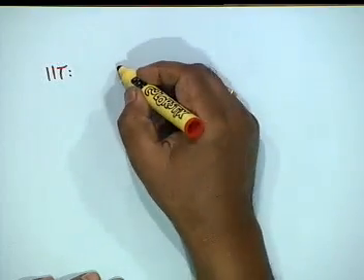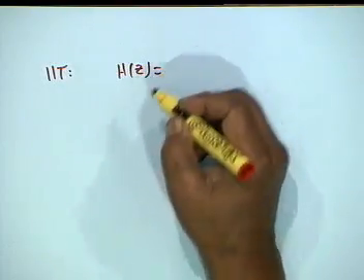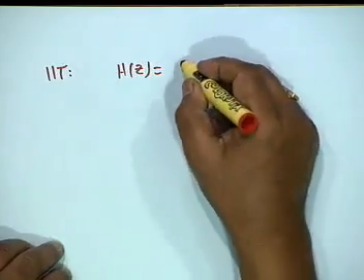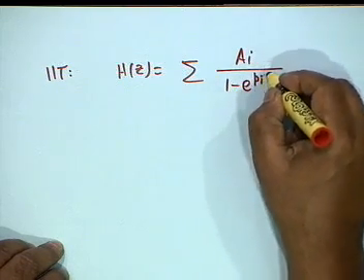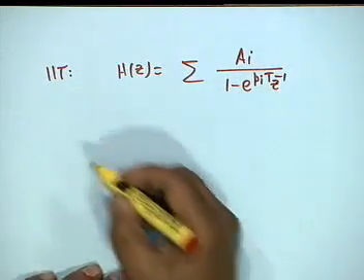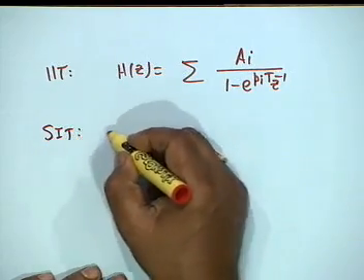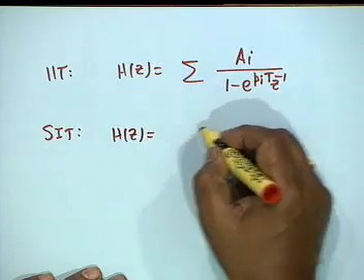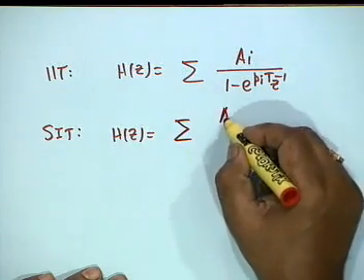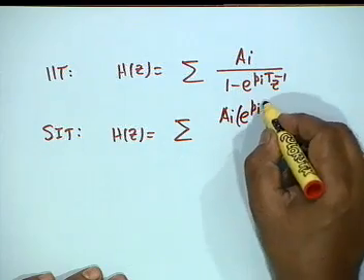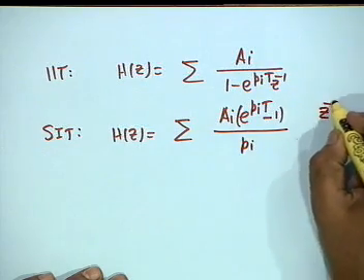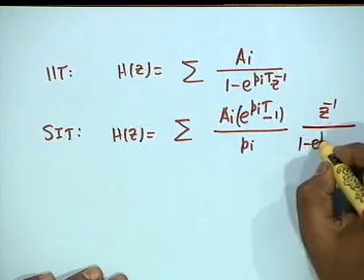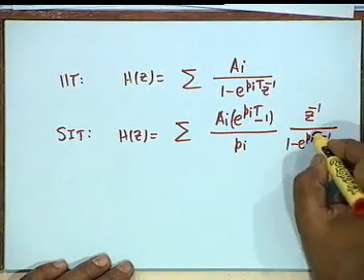For the impulse invariant transformation, what was H of z? This was summation a sub i divided by 1 minus e to the p_i T z inverse. Okay. Step invariant transformation, H of z is equal to summation a sub i (e to the p_i T minus 1) divided by p sub i, z inverse divided by 1 minus e to the p_i T z inverse.